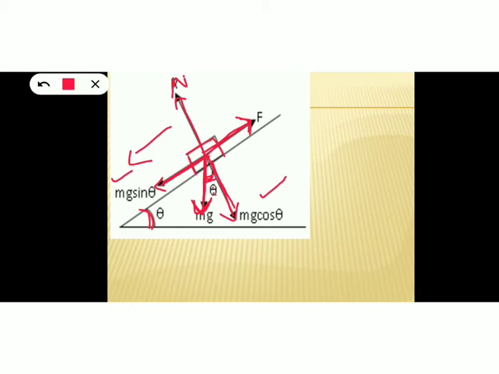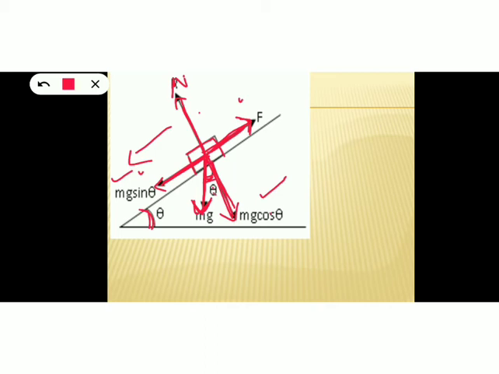Now we can see which forces are acting on the object: normal reaction, mg cos theta, frictional force, mg sin theta. A pair of forces are developed. Normal reaction and mg cos theta form a pair, they act along the straight line. And frictional force and mg sin theta form another pair. They also act along the same straight line, but in the opposite direction.